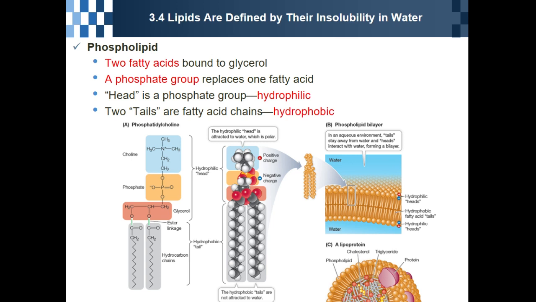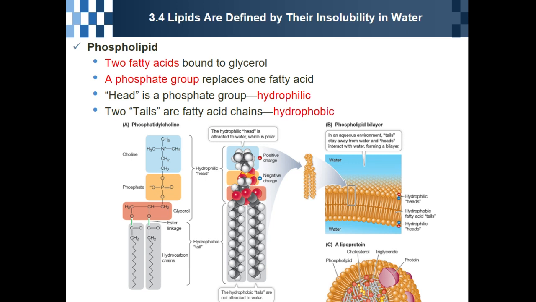Because phosphate has minus charges, this phosphate group is hydrophilic, because sometimes they have minus charges and sometimes positive charges. So the head is hydrophilic. However, the 2 tails have no charges, which means they are hydrophobic.